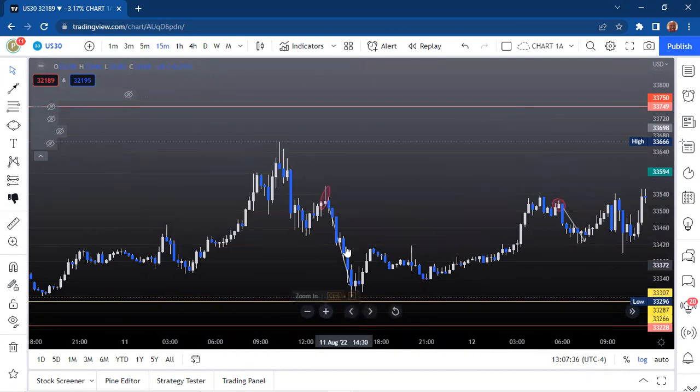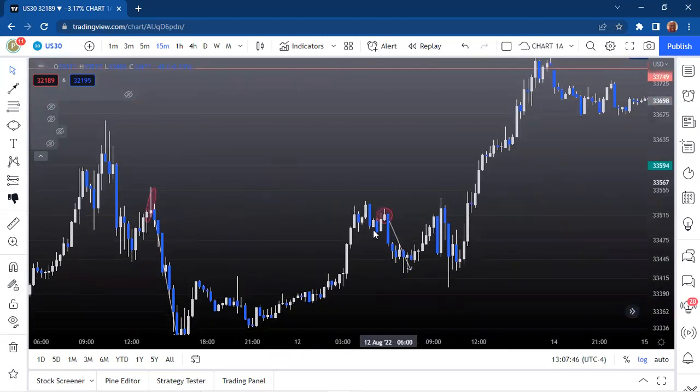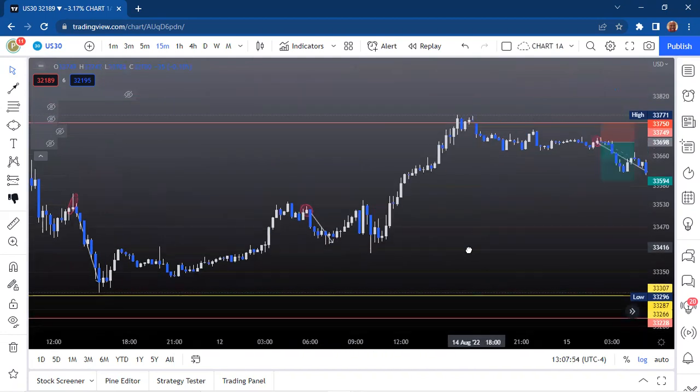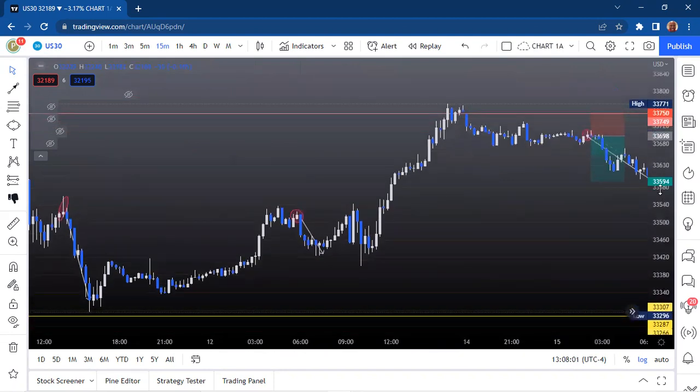You can identify these shooting stars on every time frame, not just the 15-minute. It'll happen on every time frame. The higher time frames, the lower time frames. Just identify the shooting star. And once you see it, set your trap. Set your traps. It says, hey, the next candle or the candle after that, I'll place a trade and see what happens.